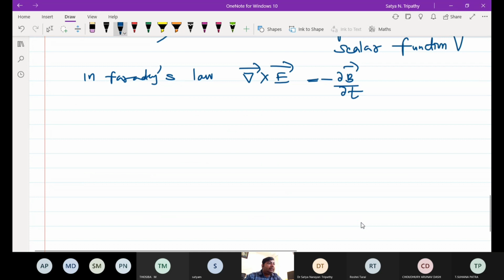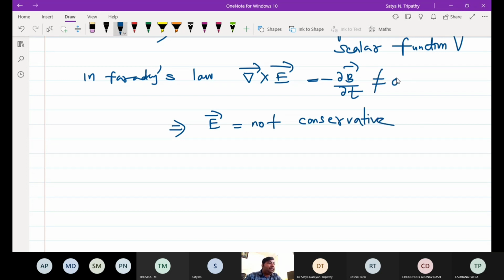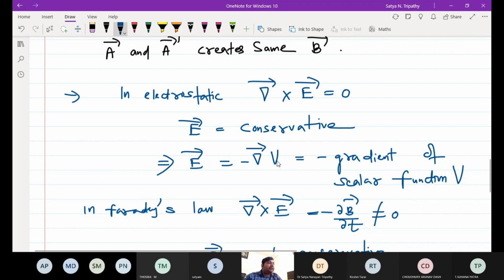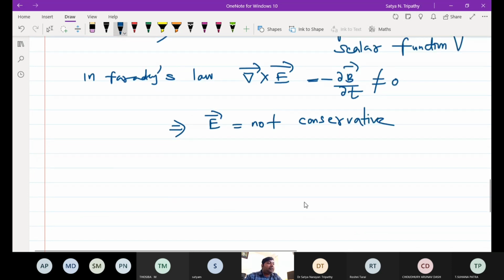That means del cross E is not zero, so E is not conservative. Previously it was zero, that's why it was conservative. Now it is not.